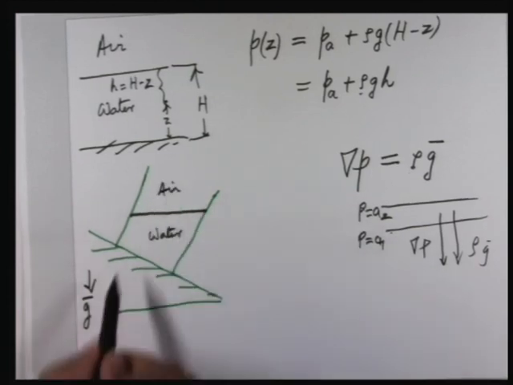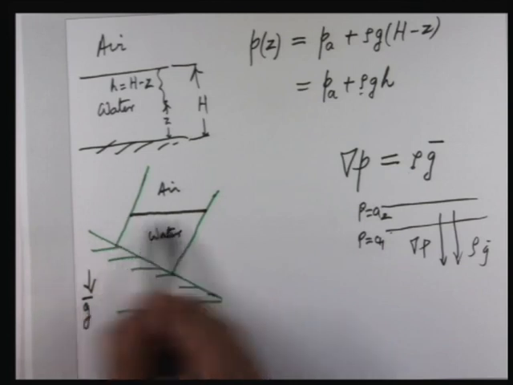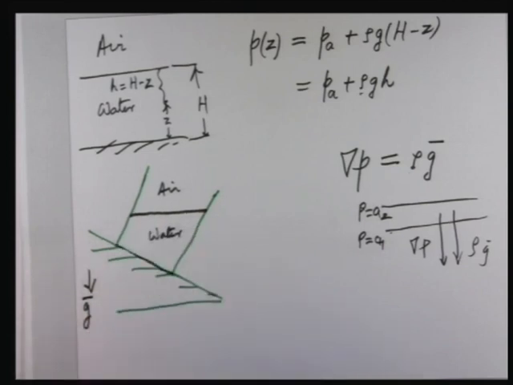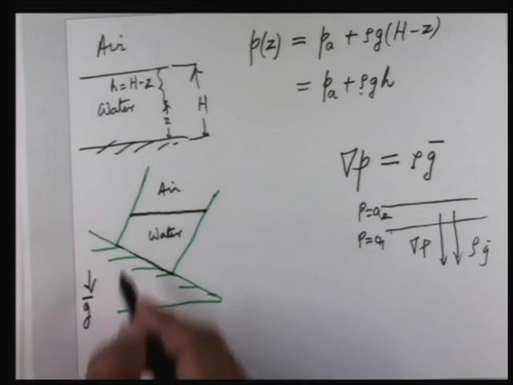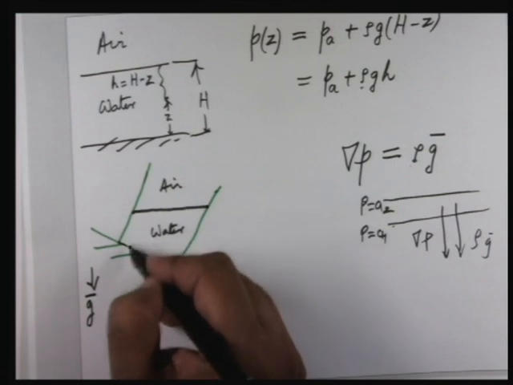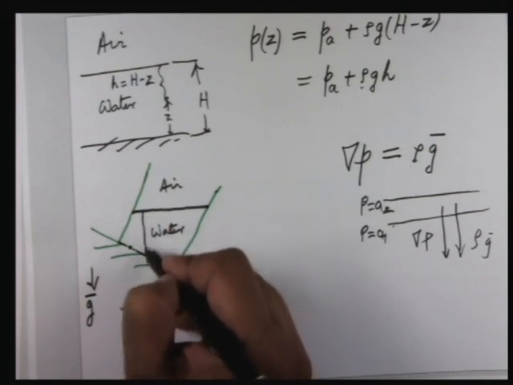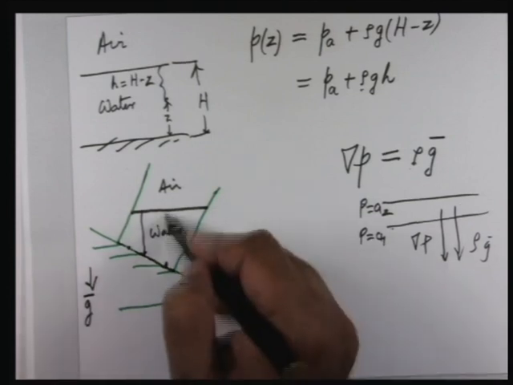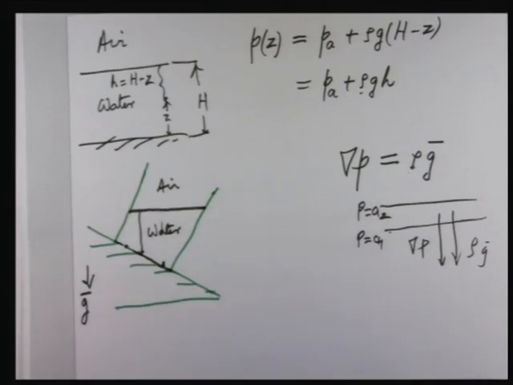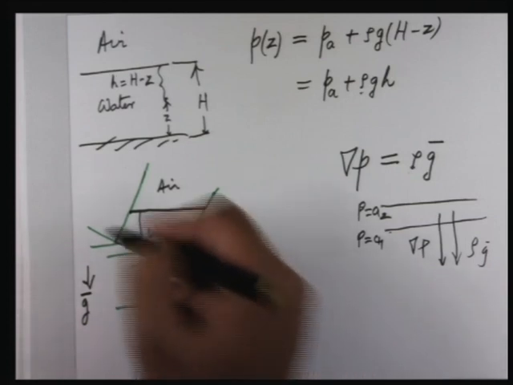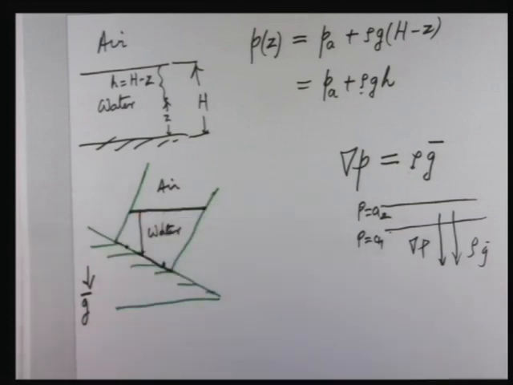Now suppose I want to find the net force exerted by the water on the bottom surface of this container. Okay. Now, if you take a point here, it is at a certain depth below the surface. Okay. If I take another point here, it is at a different depth from the surface. So pressure is going to vary, it's not a constant along this bottom surface. So if you want the net force, you have got to integrate.